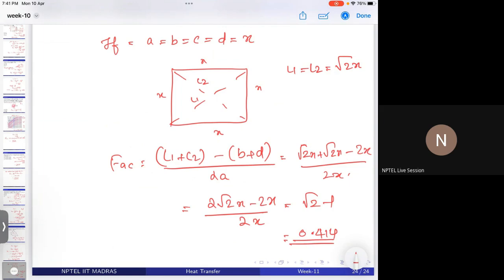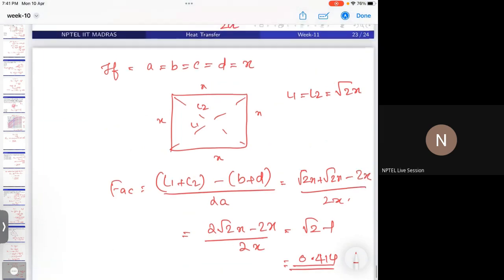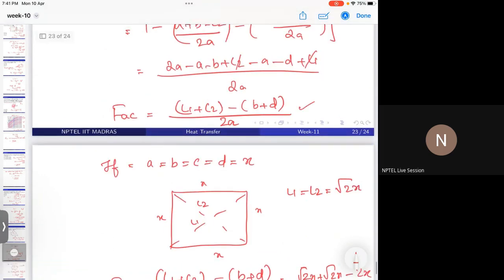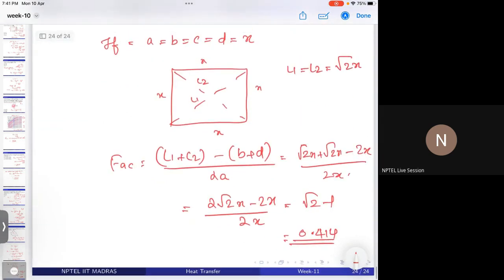So if you are given a rectangle also, this is the general equation. For a rectangle, you can find L1 and L2 in that direction using the root expression. It will become a little bit complex, you cannot directly find it out. You will arrive at a simplified expression of this.